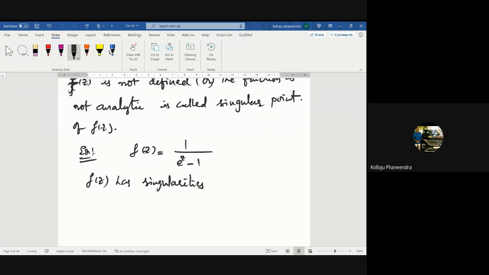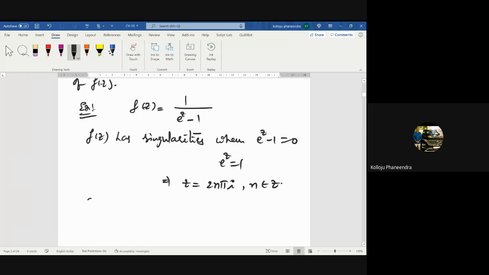The function is not defined where e power z minus 1 equals 0, so e power z equals 1. As I told you, z equals 2n pi i, n belongs to Z, are the singularities.